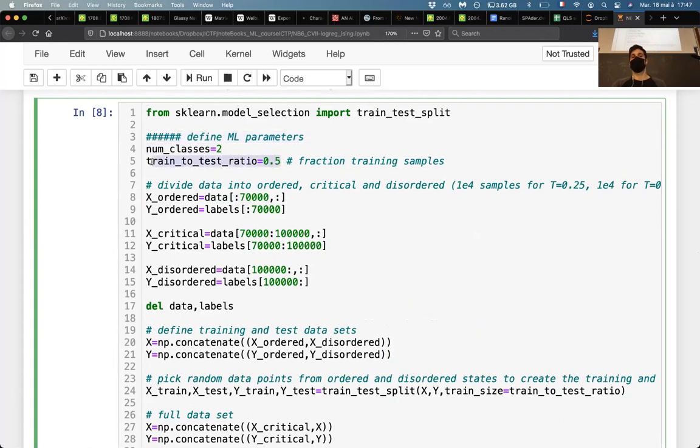Here I will take all my data, and here I'm just saying that half of the data will be training data and the other half will be test data. This is the data that I'm dividing in actually 3 classes.